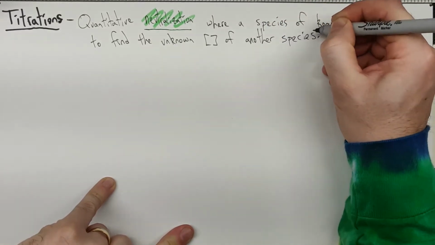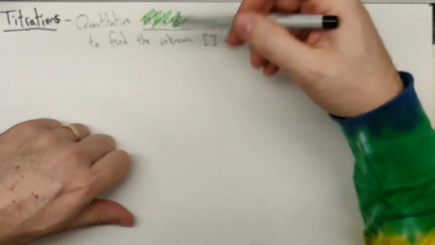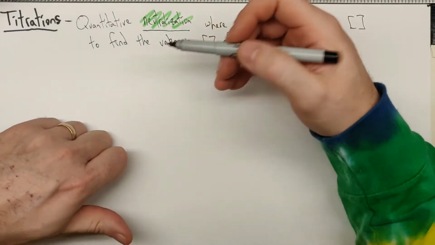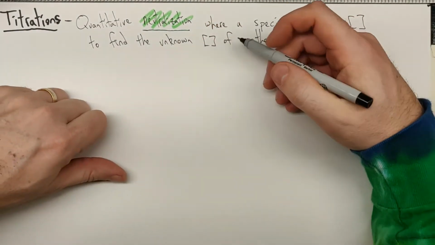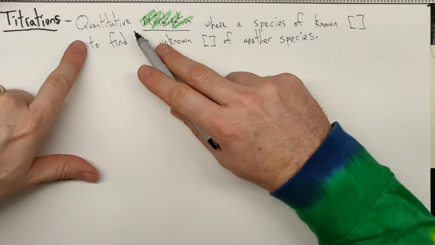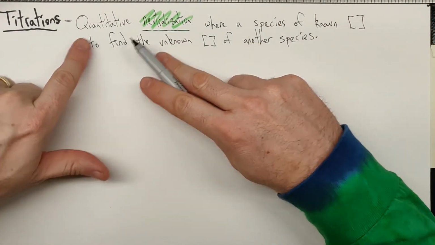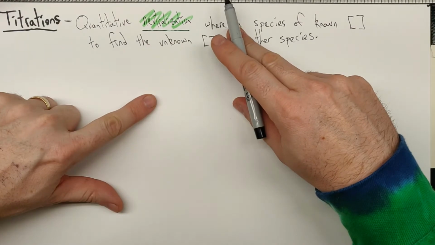All right, so that's the basics of it. Qualitatively speaking, we're just talking about adding one thing until the other thing is used up, in stoichiometrically equal amounts. Only we're keeping track of the exact amount of one thing used, and then we're going to use that to figure out the amount of the other thing.